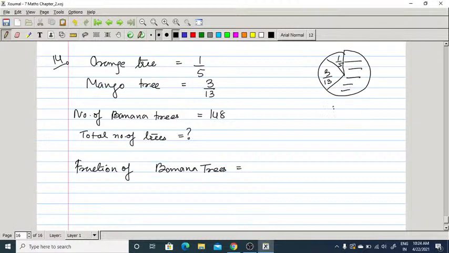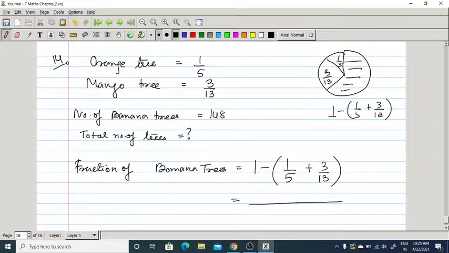So this whole thing is 1, and if you have to find out the banana tree fraction, it is 1 minus, you add the two and you find out, isn't it? So 1 minus (1 by 5 plus 3 by 13) within brackets. Now I'm going to solve the bracket first.